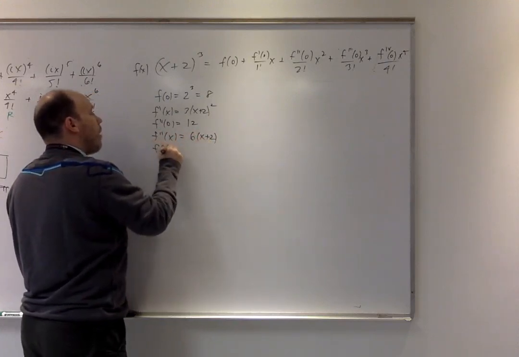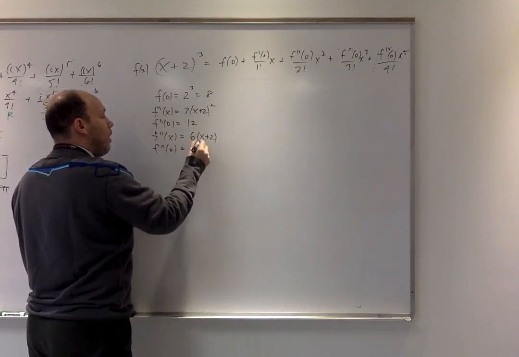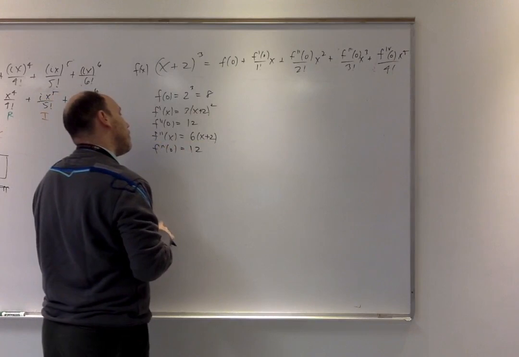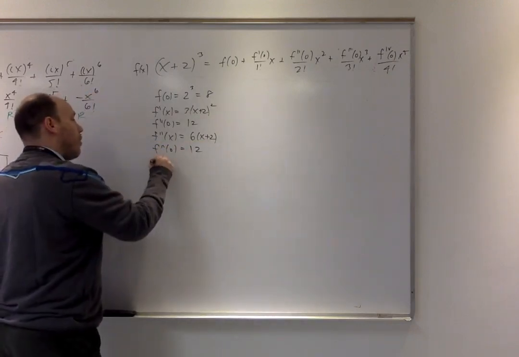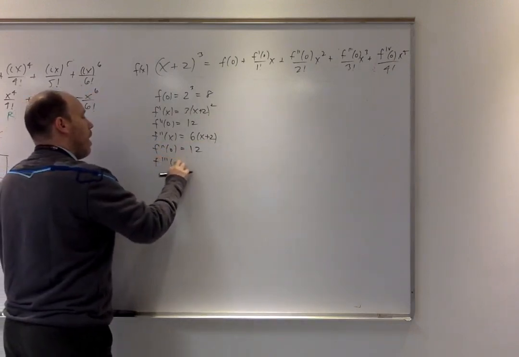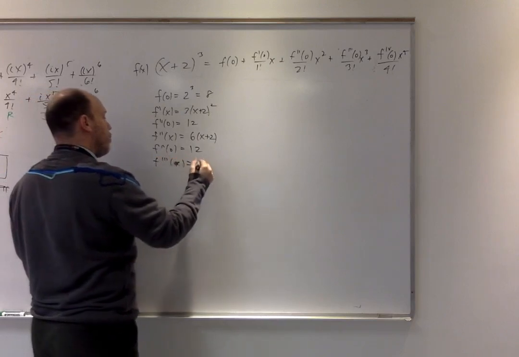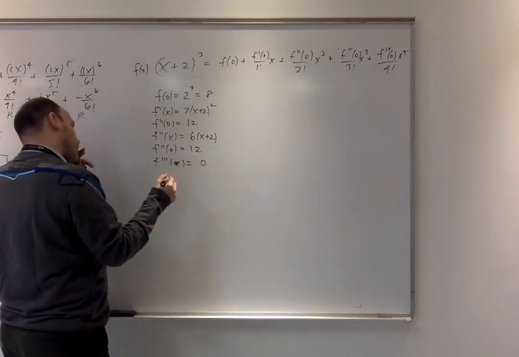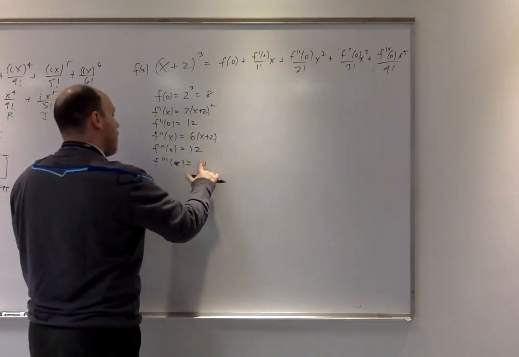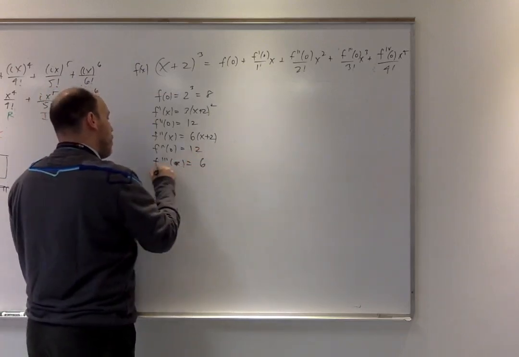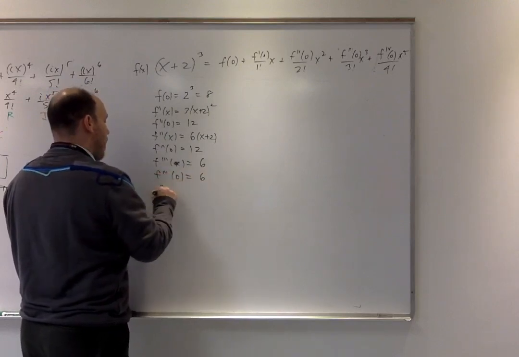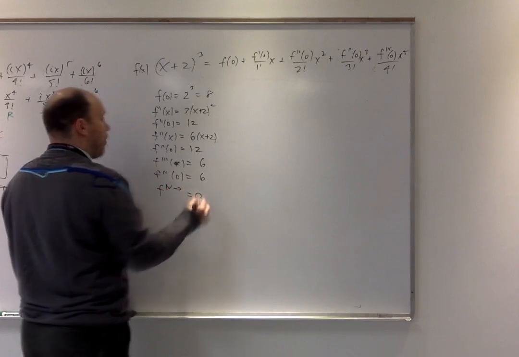So f double prime of 0 is equal to 12 also. And then I can take the triple prime of x, which is equal to 0. No, sorry, that's going to be 6. So f triple prime of 0 is 6, and then the fourth derivative, and so on, is 0.